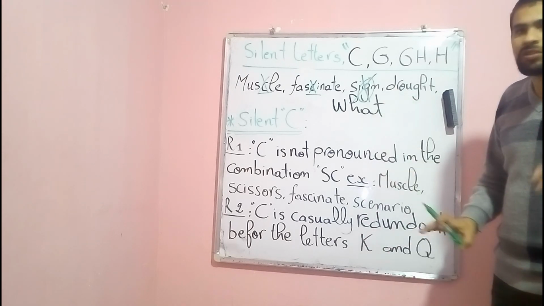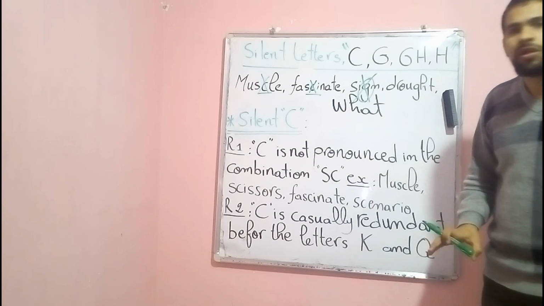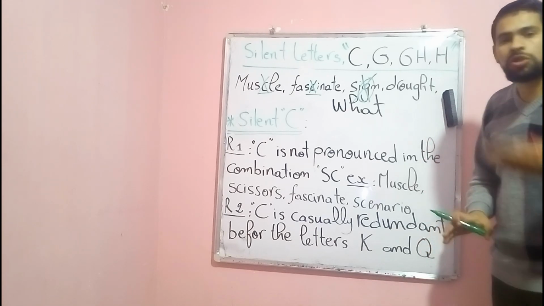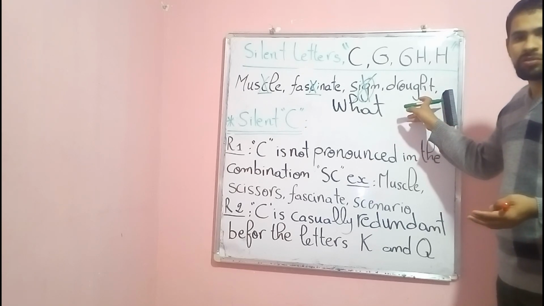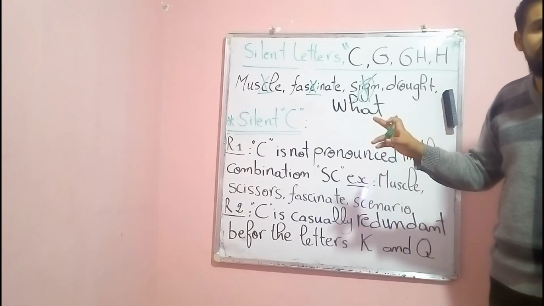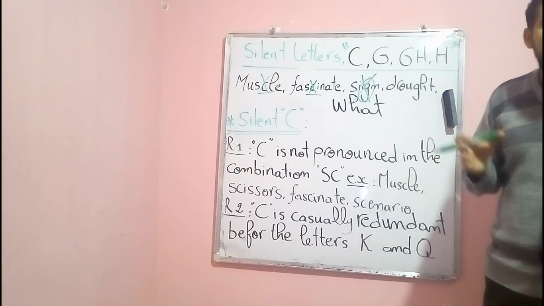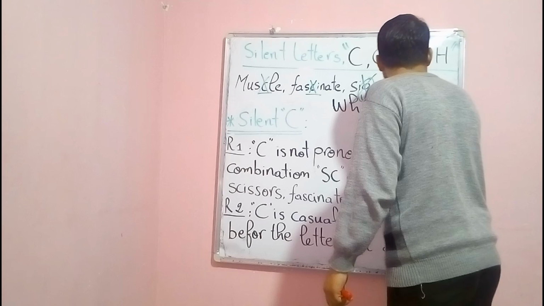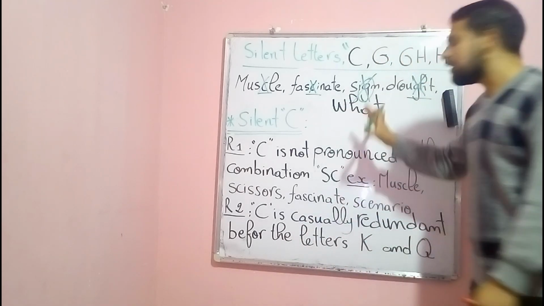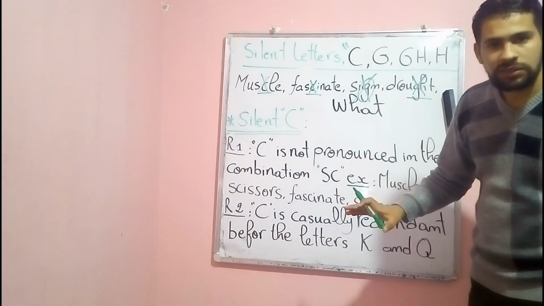I heard the sound d, r, f and t. But did I hear g and h? They combine to make the sound f, but they are not pronounced as G and H, so they are not pronounced. And the last one, what.